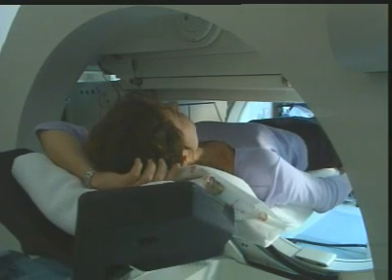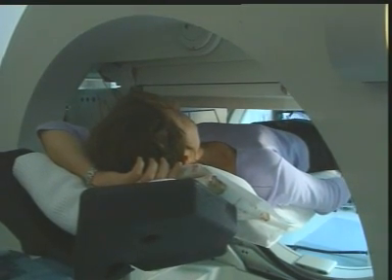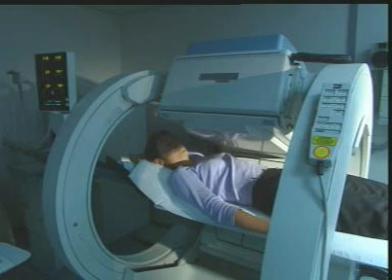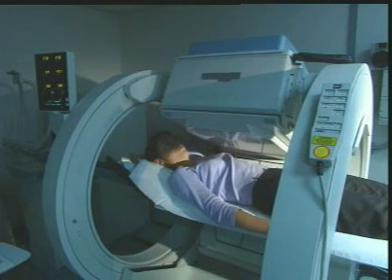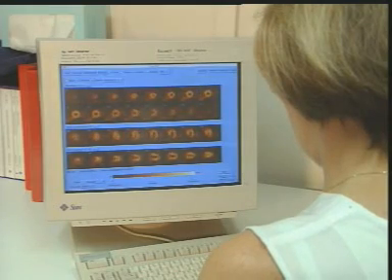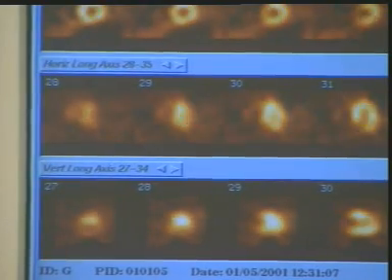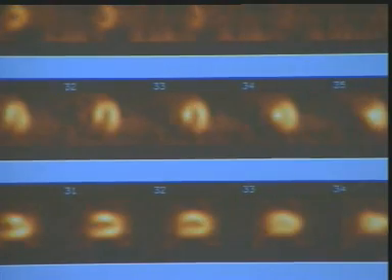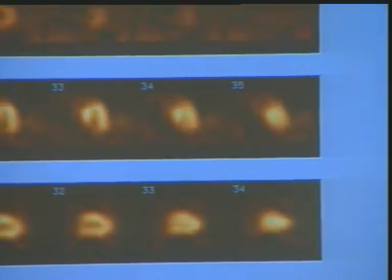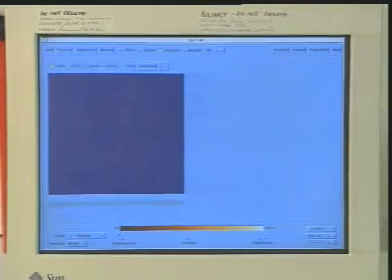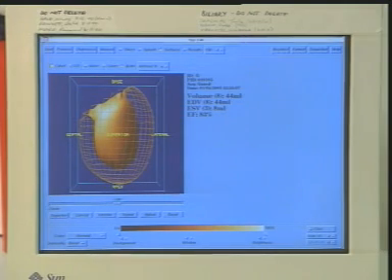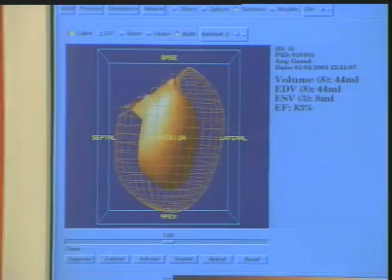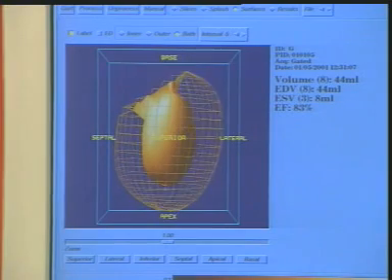The word tomography refers to the mathematical process that's used to convert gamma emissions recorded by the camera into a series of images. Each image represents a slice through a different layer of tissue, in this case, of the heart. This technique provides valuable information about both the structure and function of different organs.